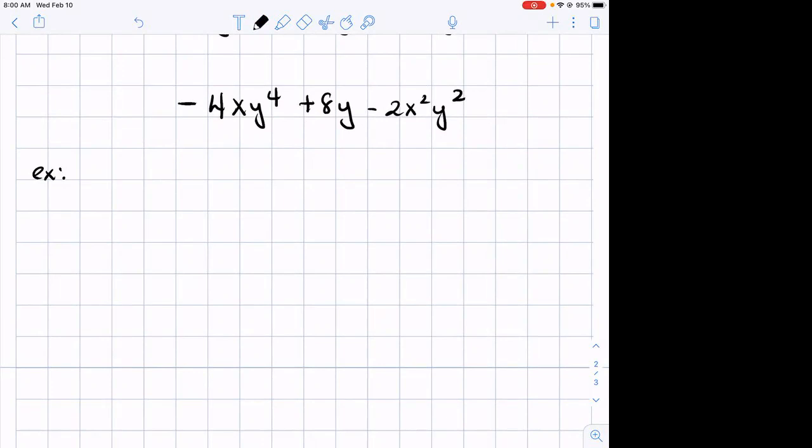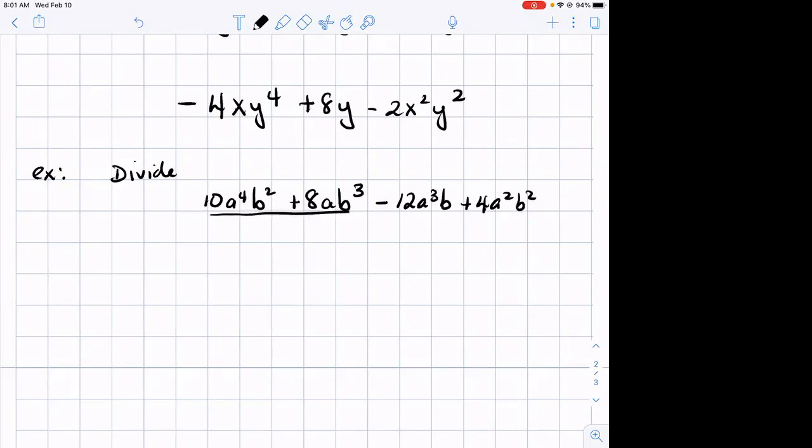For example, if I have, let's divide, 10a to the 4th b squared plus 8ab cubed minus 12a cubed b plus 4a squared b squared.